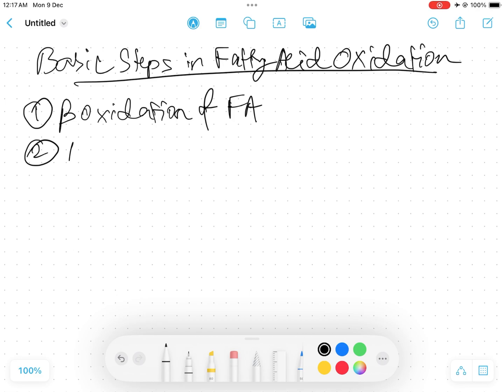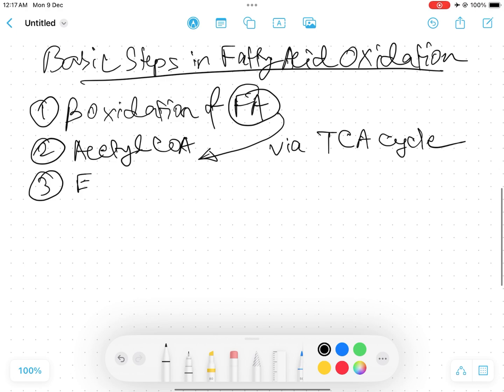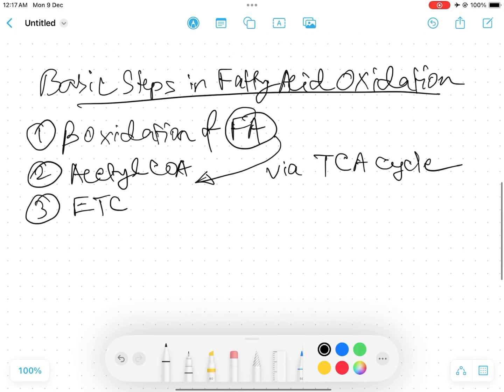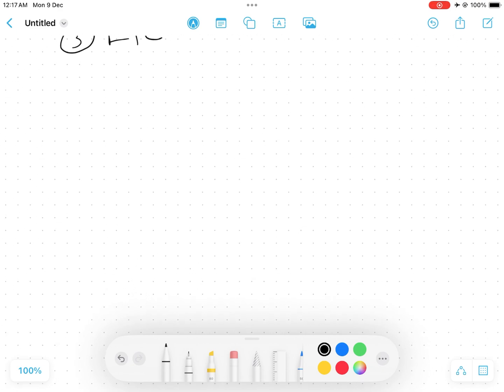Second step is the transformation of these fatty acids into acetyl CoA via the citric acid cycle or the TCA cycle. And the third stage involves the electron transport chain. So we will see how these processes are integrated.